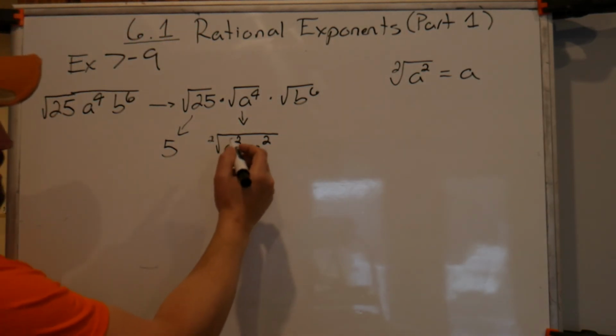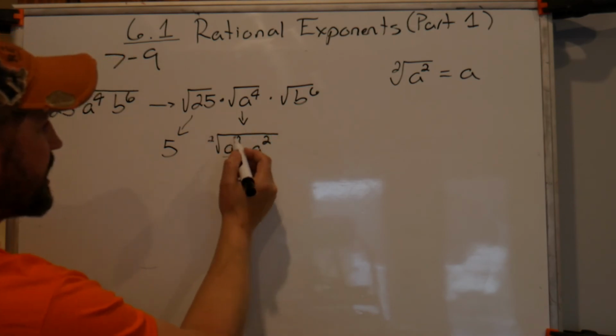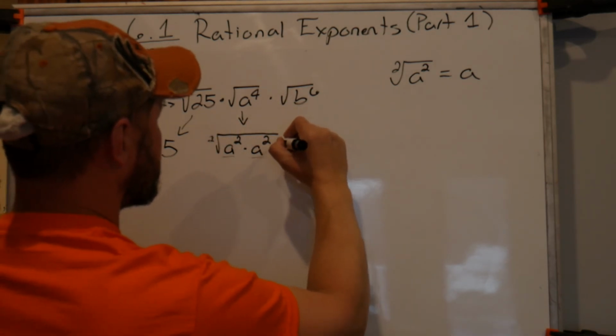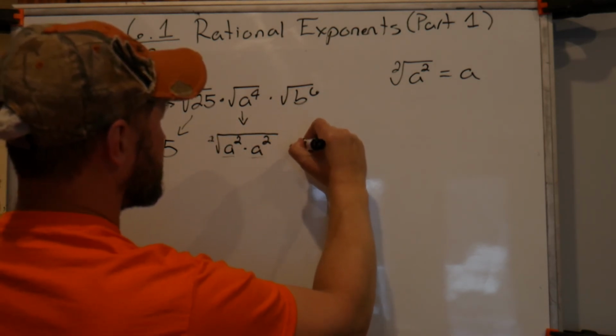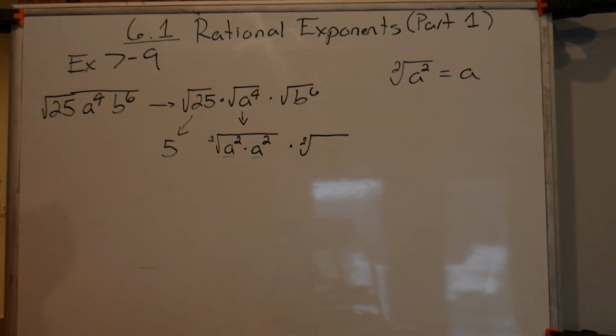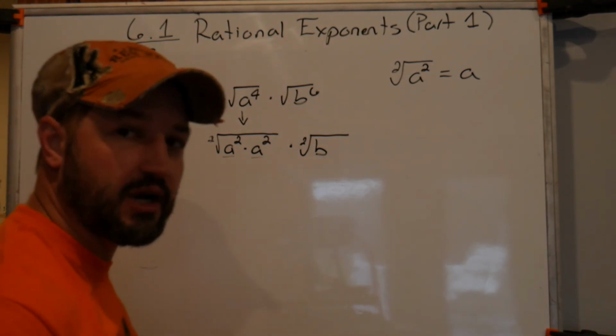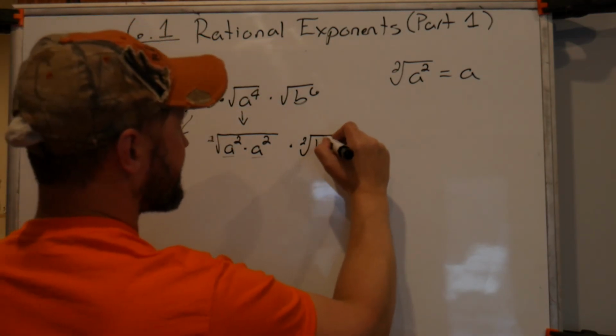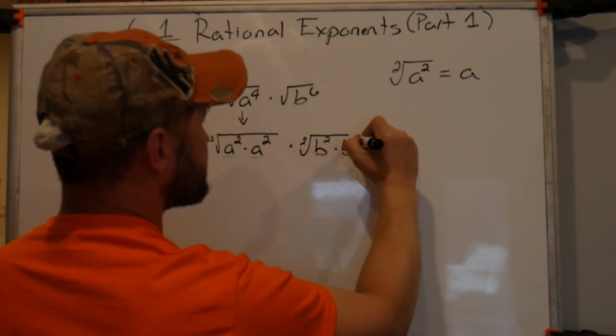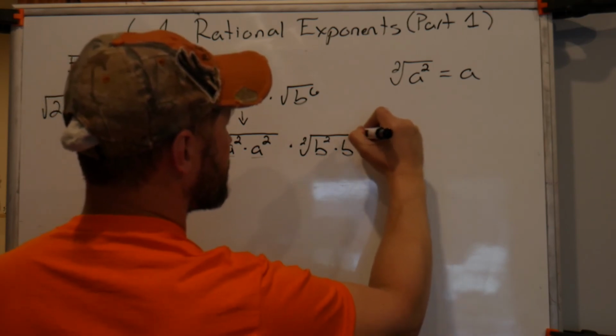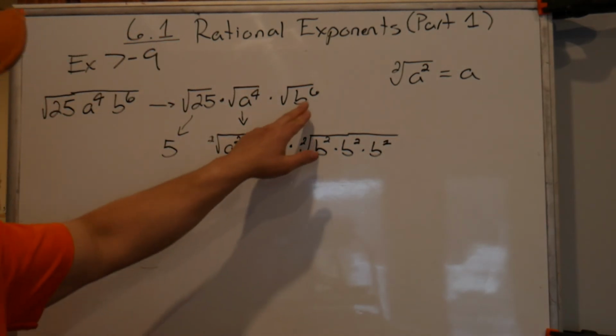So we're looking for numbers that match up. Here, I still have a square root. But I have b to the 6th. So there are different ways to view this, but if we go this route, it helps you see what we're really doing. B to the 6th.